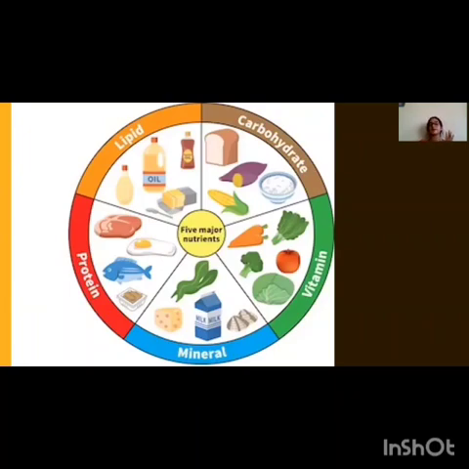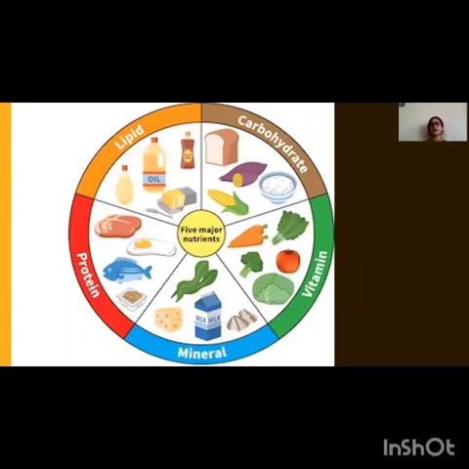Now, these are the five major nutrients we need to eat. So, carbohydrates, some examples are potato, bread, flour, all of those. Vitamins, all fruits and vegetables have vitamins in them. That's why it's so good to eat. That's why everyone tells you to eat vegetables and fruits.